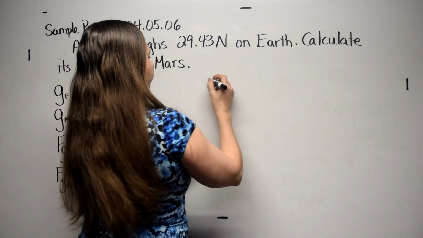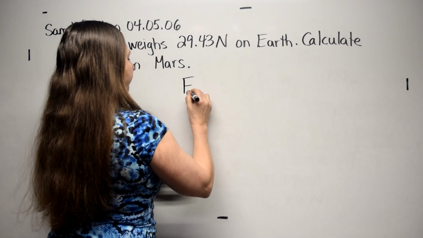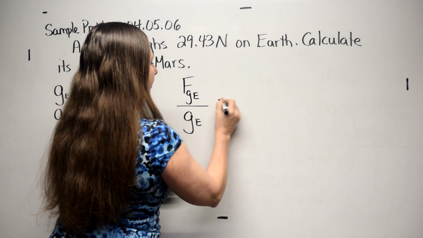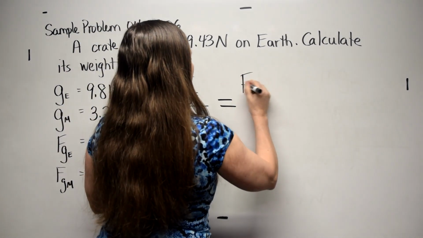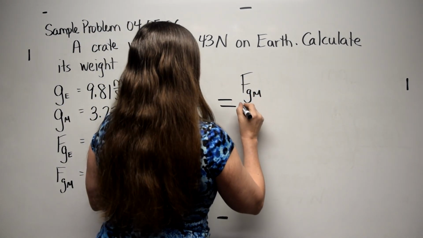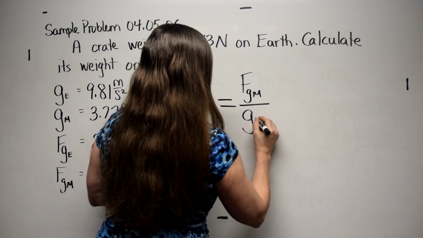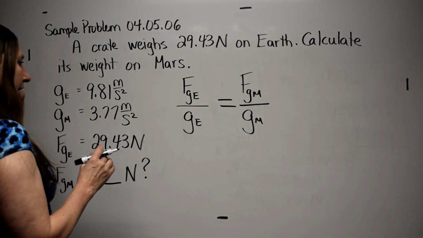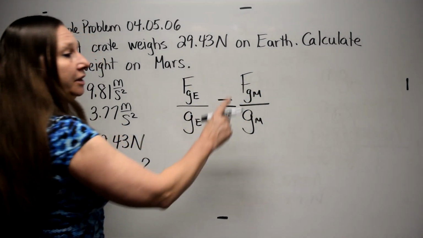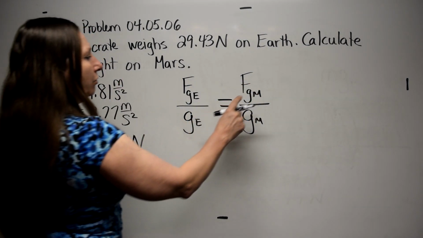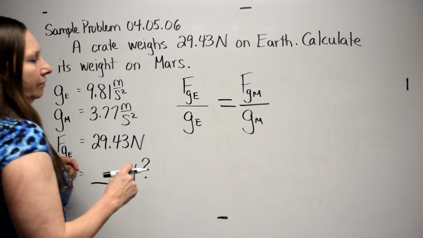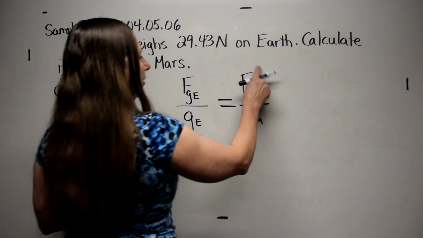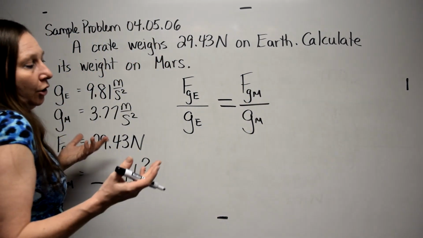All right, so FGE over GE is equal to FGM over GM. Okay, now we can start plugging in because we know 3 of these things. The one thing that we don't know is FGM. Now, we could solve for FGM. We could.